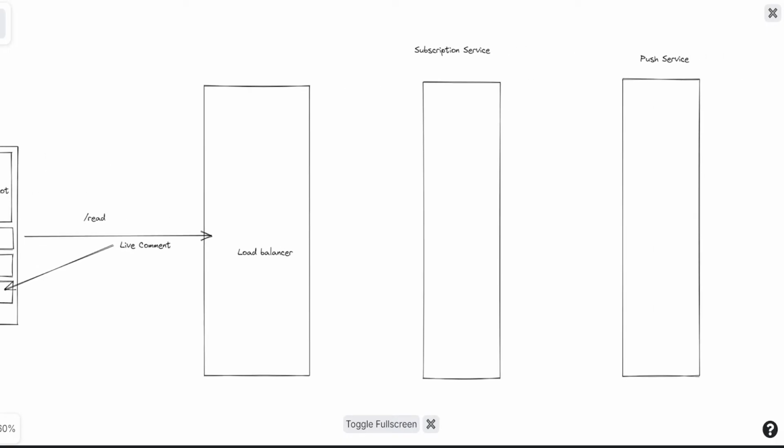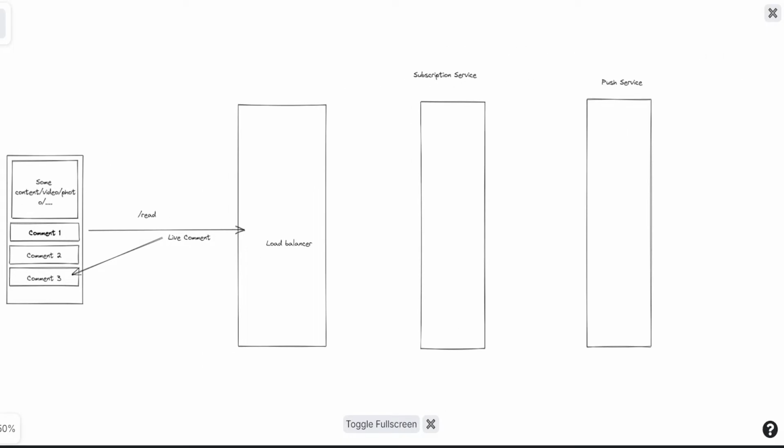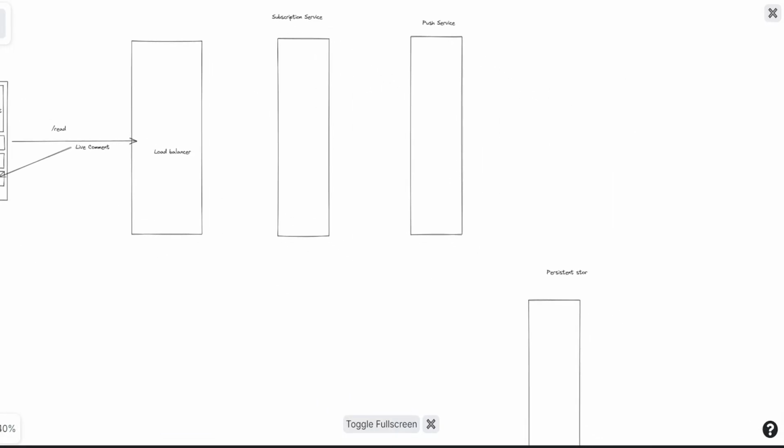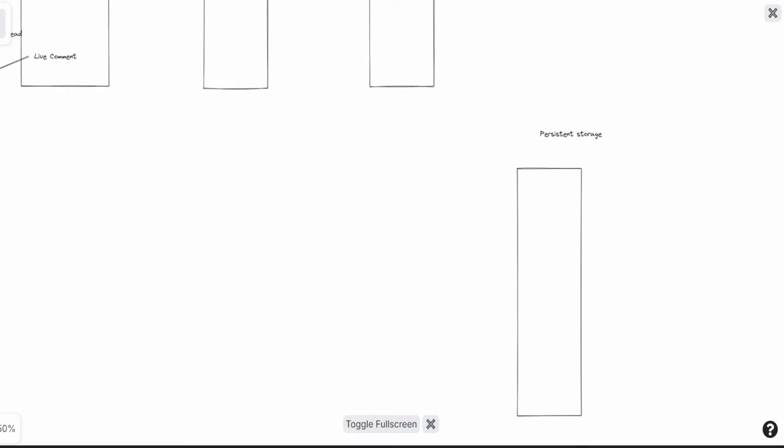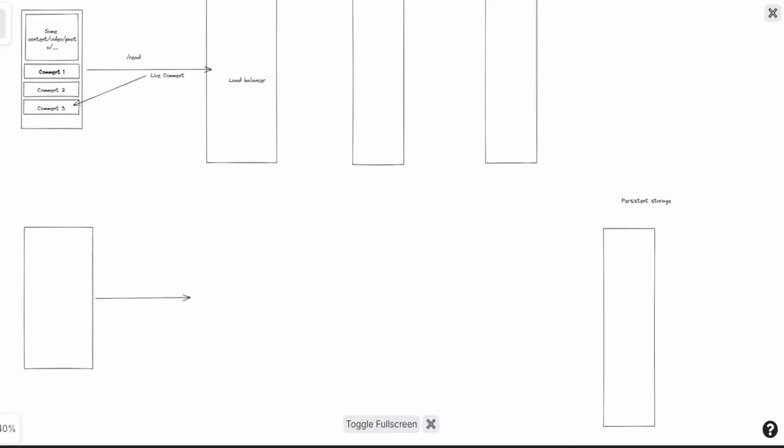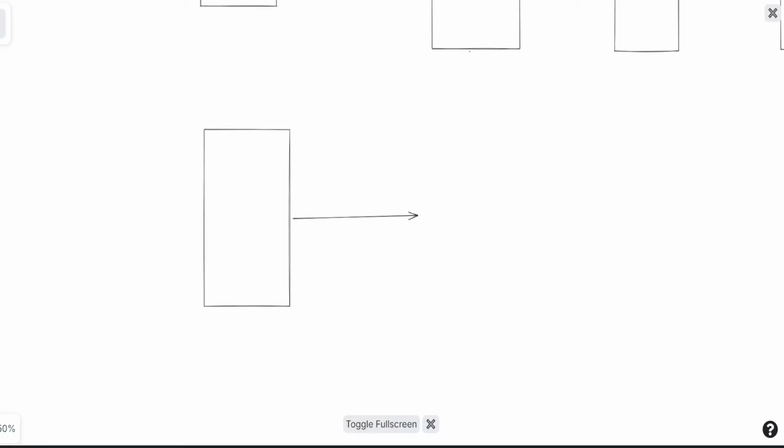Push service. Then you would have persistent storage. Okay, interesting.